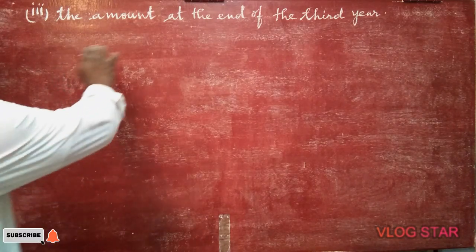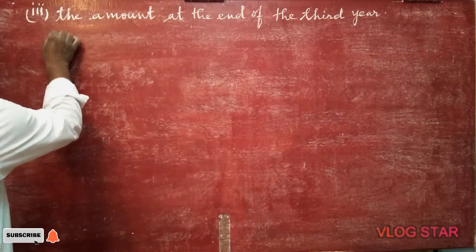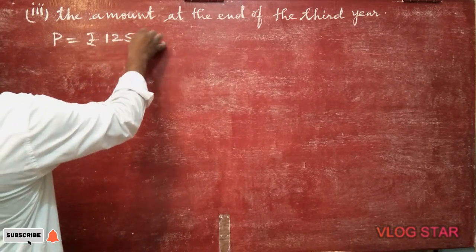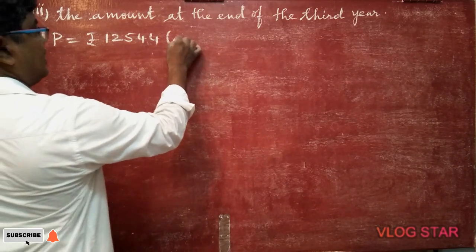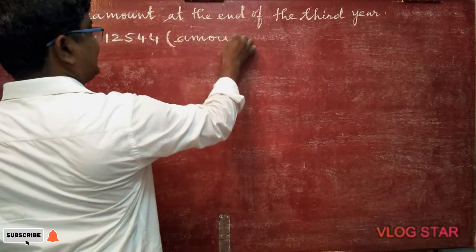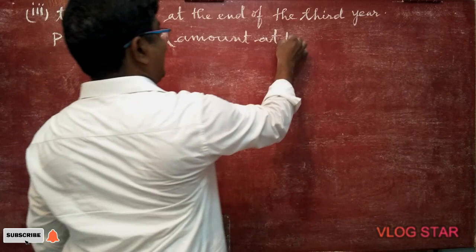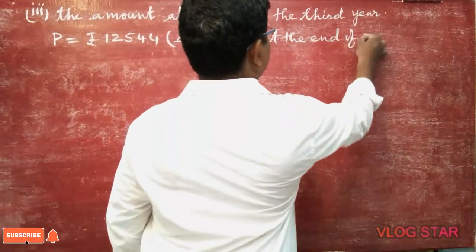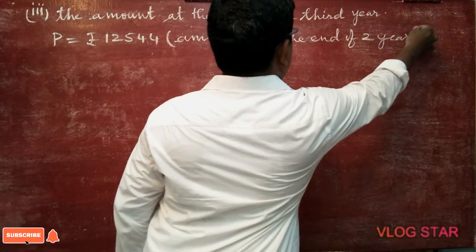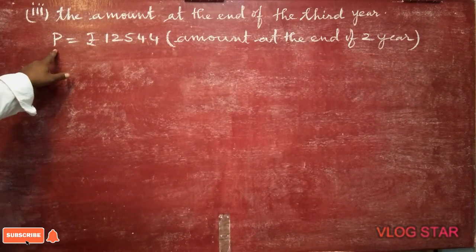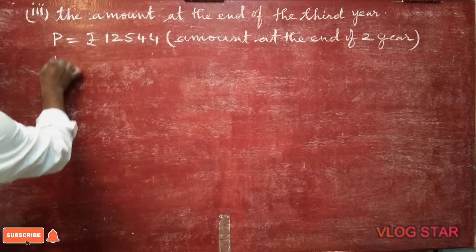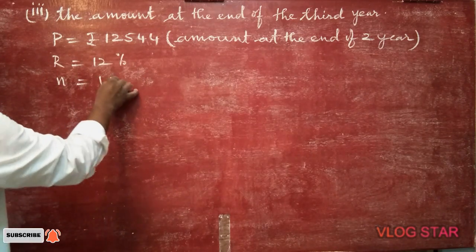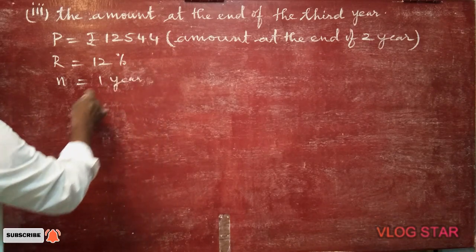Now the third bit, the amount at the end of the third year. P how much? Rupees 12,544. What is this one? Amount at the end of the second year. The second year amount will become the third year's principal. Keep in mind. R same 12%. And one more year. Because 2 years we calculated, so one more year.